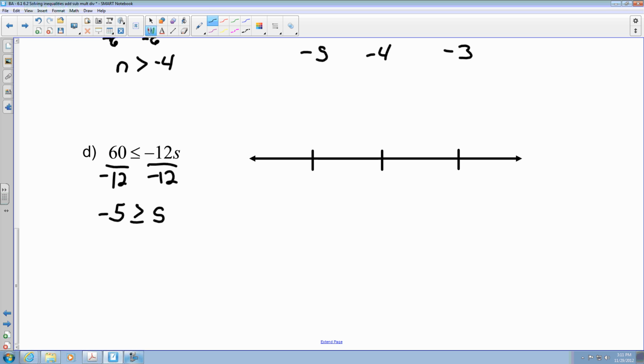But what I would like to do is keep the variable on the left-hand side. So instead of 5 is greater than or equal to S, I'm going to have S is less than or equal to negative 5.